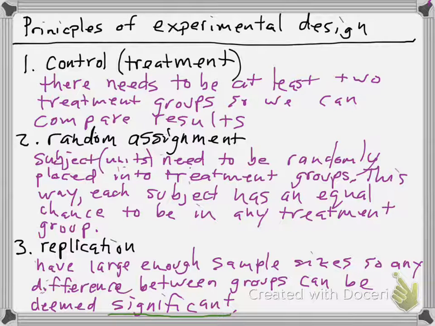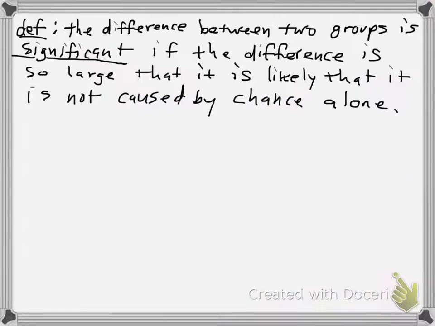Just to give you an idea, let's say we ran the trial and we did have 2 treatment groups, and in one group there was a difference of 1 unit of blood pressure, and maybe you ran the same experiment again, but there was a difference of 3 units of blood pressure. Are these results significant? And what do we mean when the difference between 2 groups is significant?